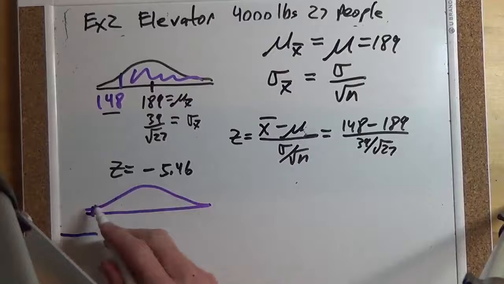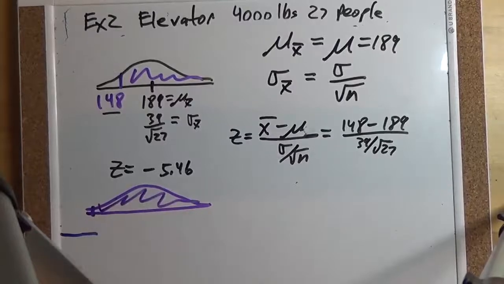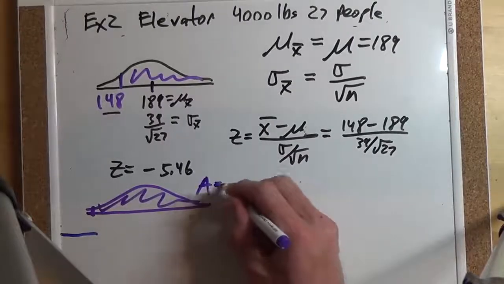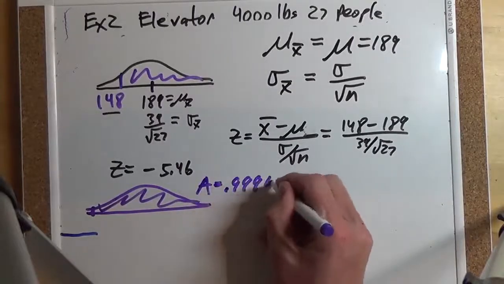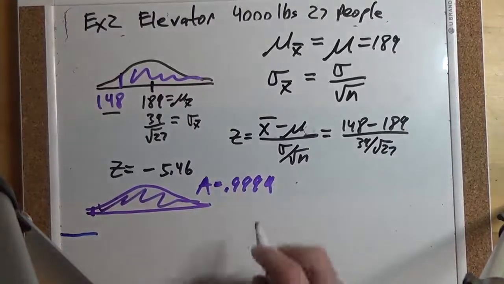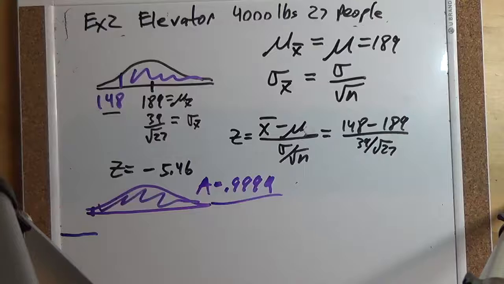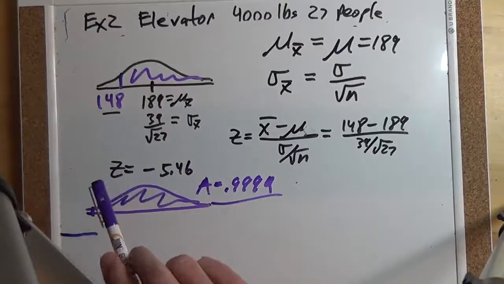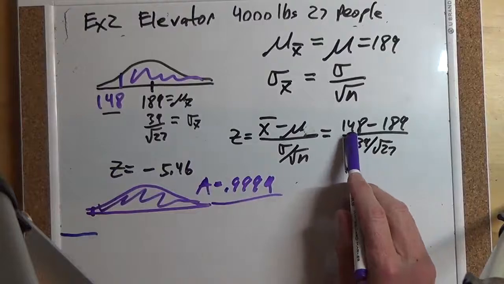That means the area to the right here is basically, for all intents and purposes, 1. So it's a huge probability that those 27 guys have a mean weight greater than 148.